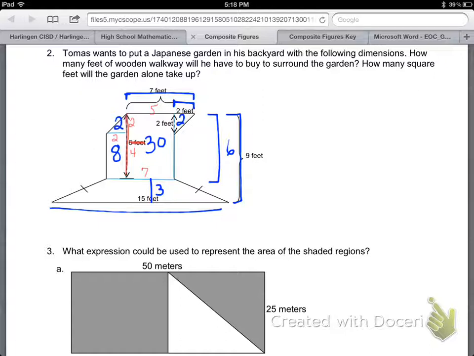And the formula for a trapezoid is one half times base 1 plus base 2 times the height. 1/2 is 1/2. The first base is the top, which is 7, plus the bottom base, which is 15, and then times the height, which we got to be 3. Put that in the calculator, and it gives you 33.